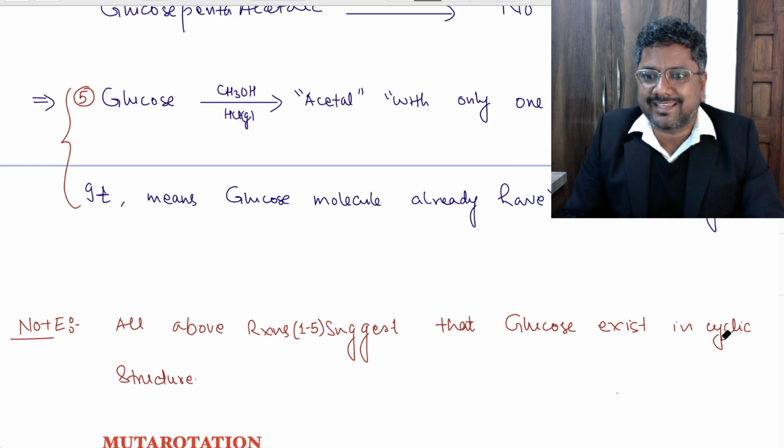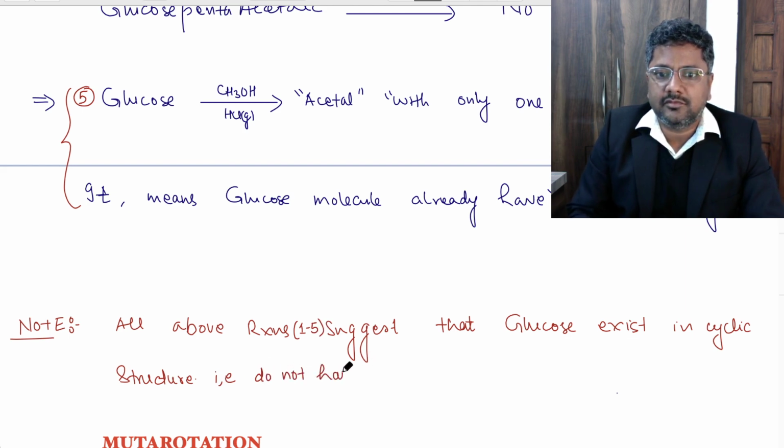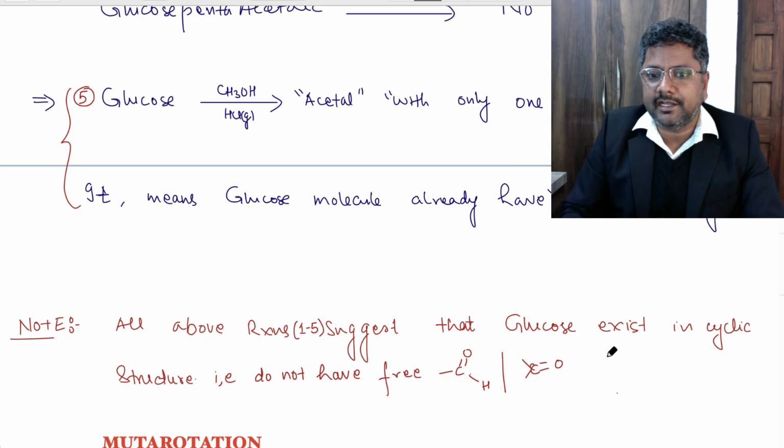suggest that glucose exists in a cyclic structure, that is, it does not have a free CHO or CO group, an aldehydic or ketonic group, right?